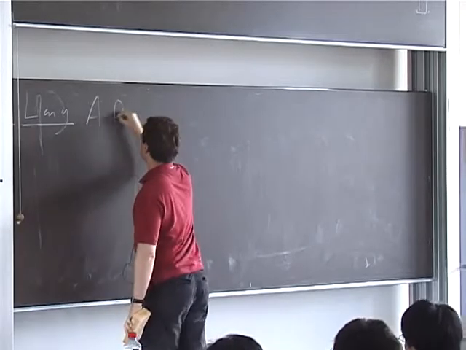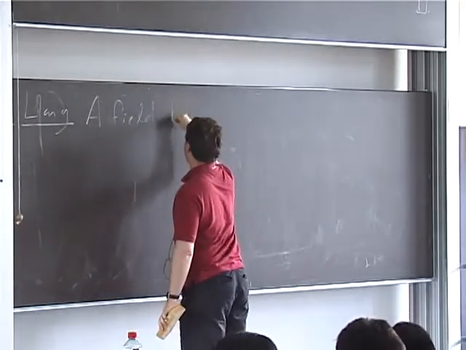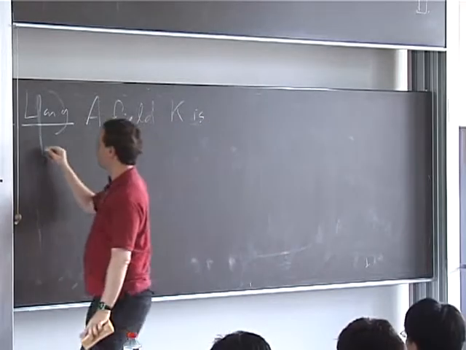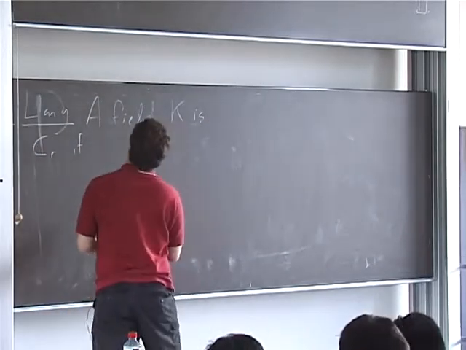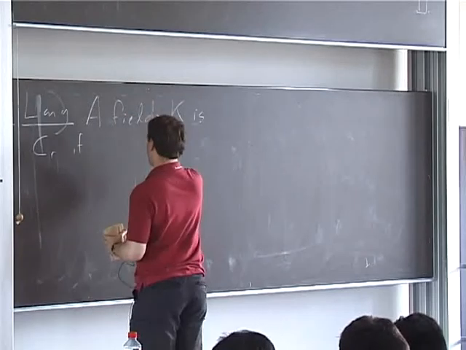A field K is called C sub R. It's a condition very similar to what occurs in the theorem, but a little bit more general.